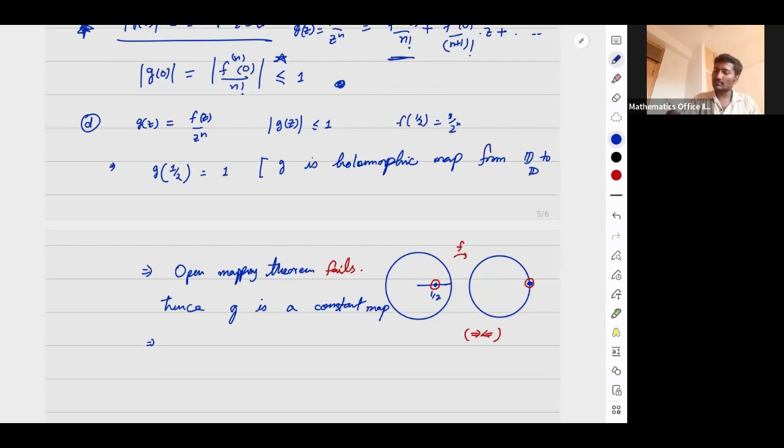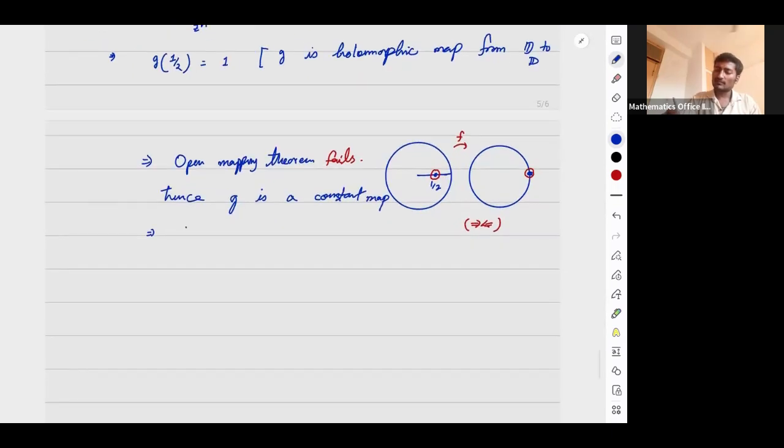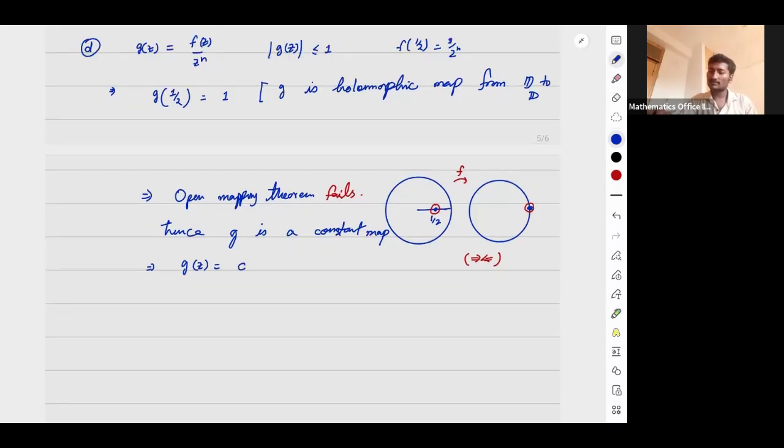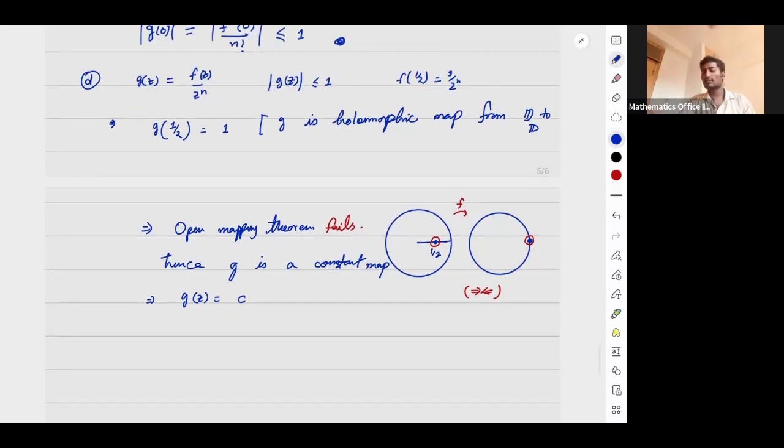This implies some constant, let's say g(z) is equal to c, right? Now what should this constant be? This constant should be exactly equal to 1, right? We know what that constant is because once g is a constant function and it attains 1 at 1/2, the image is equal to 1, so this constant is equal to 1.